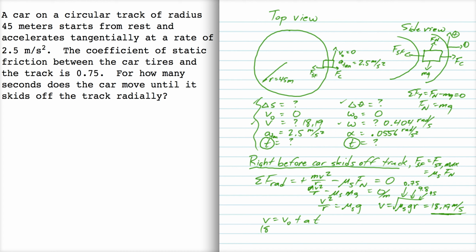So 18.19 equals 0 plus 2.5t. Notice that I'm using the tangential acceleration here, not the centripetal acceleration. So I get time is equal to 7.3 seconds. You could do the same with the angular quantities. You could say omega is equal to omega naught plus alpha t and solve for t that way and get the same answer.